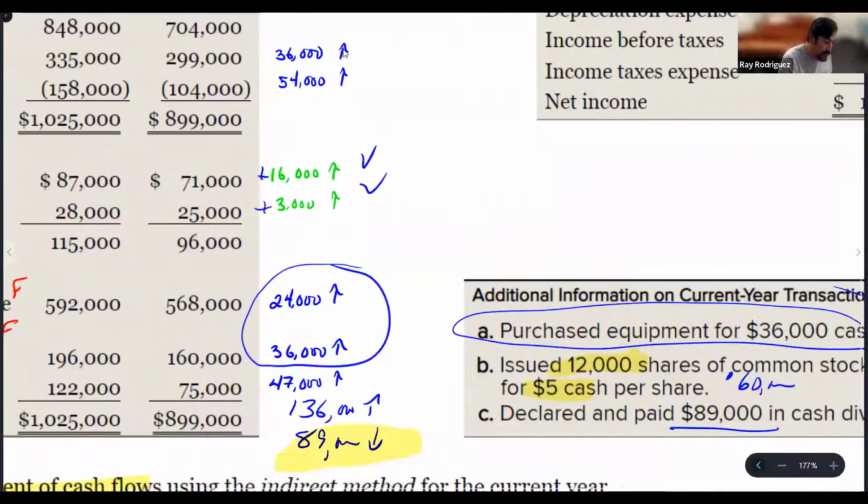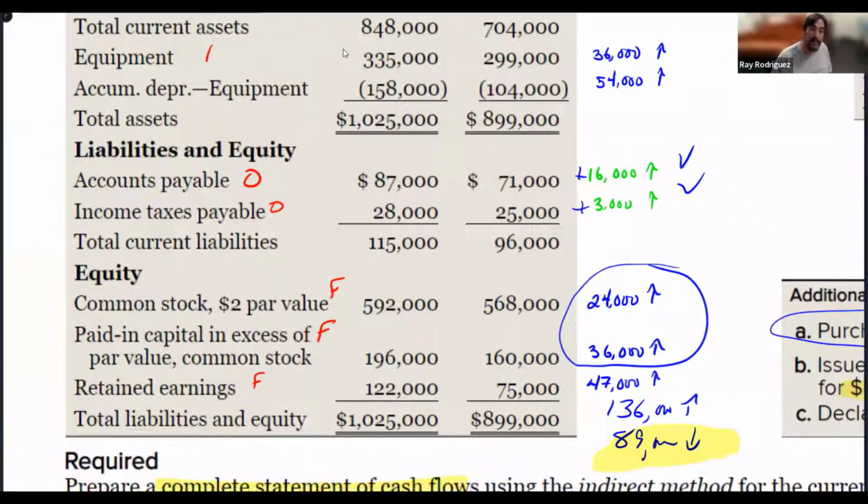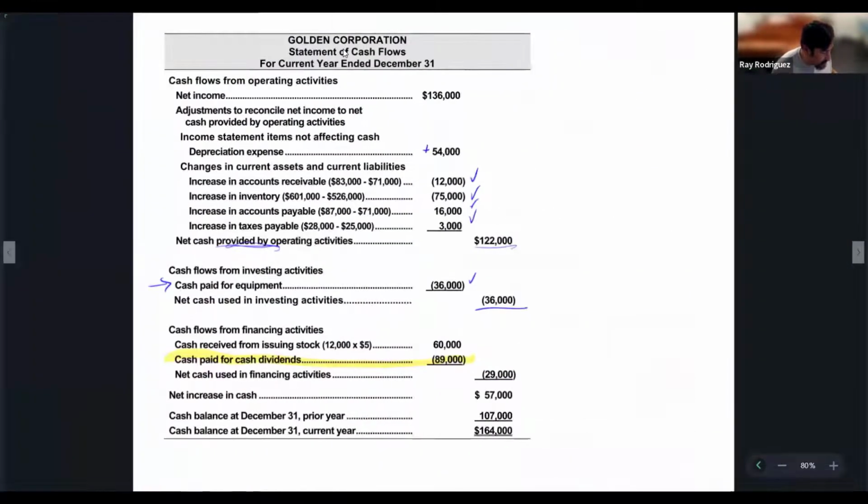So 2 times 12,000 shares is 24,000. Common stock went up by 24,000, and all the rest of it went into paid in capital in excess. So that also is in our financing section. $60,000 cash received from issuing stock. We net those numbers together, and we've got a net decrease due to financing activities.